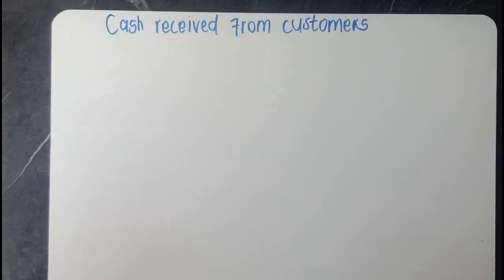How do you calculate this cash received from customers? They're going to give you a sales amount, right? If they don't give you sales, they give you cost of sales and gross profit, like they give you one of two ways to kill the cat.